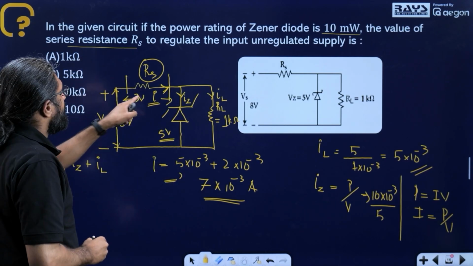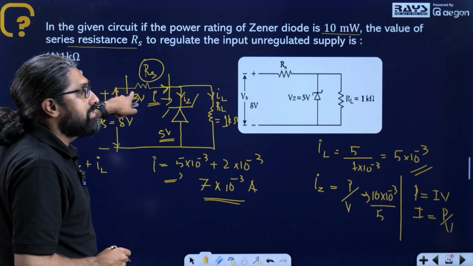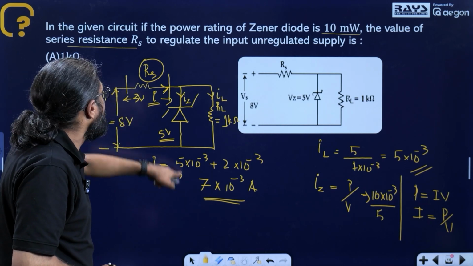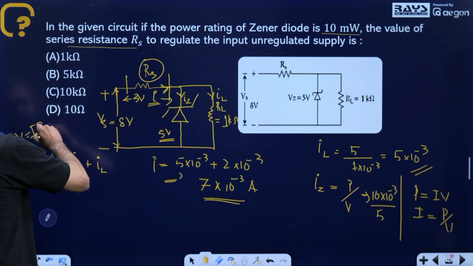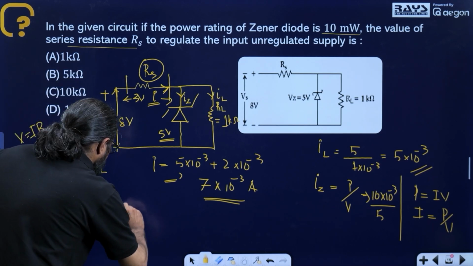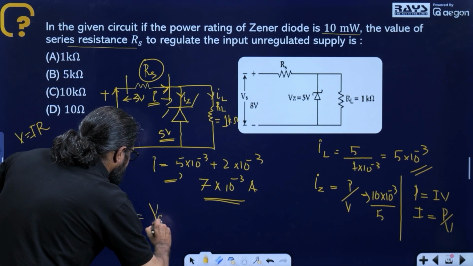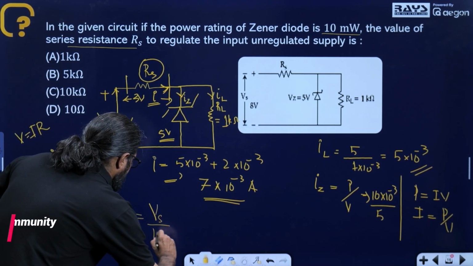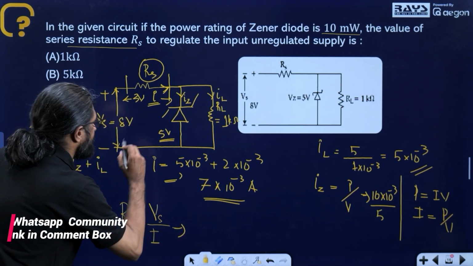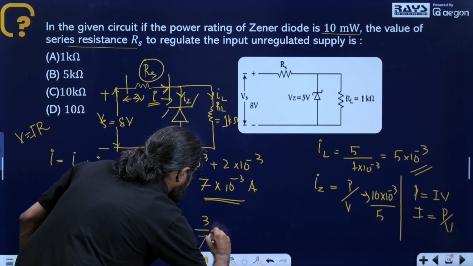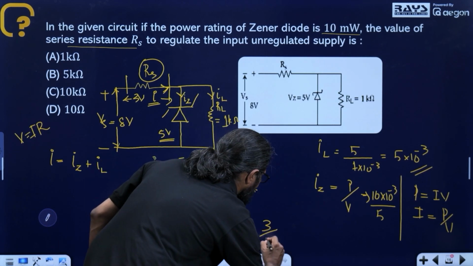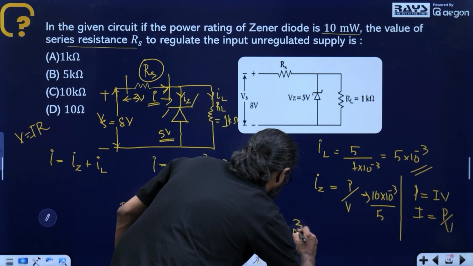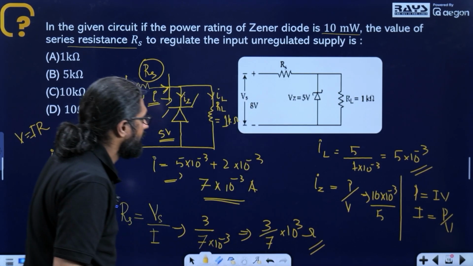If the potential difference across this resistor is 3 volt and the current is known, since V is equal to IR, R is equal to V by I. Rs is equal to Vs divided by I, and that is 3 divided by 7 into 10 raised to minus 3, which actually amounts to 3 by 7 into 10 raised to 3 ohms, right?